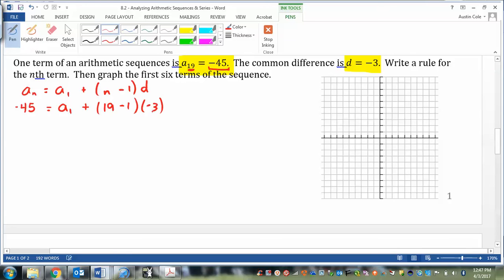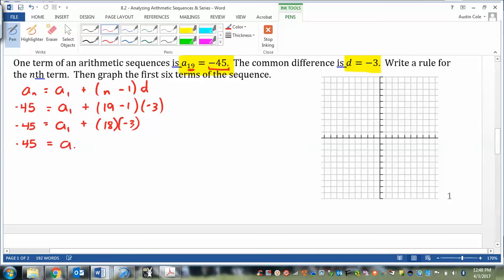So we're still using that formula that we have, but now we just have different things. Order of operations says we should do parentheses first, so that gets me 18. So I get negative 45 equals a sub 1 plus 18 times negative 3. What's 18 times negative 3? Negative 54.